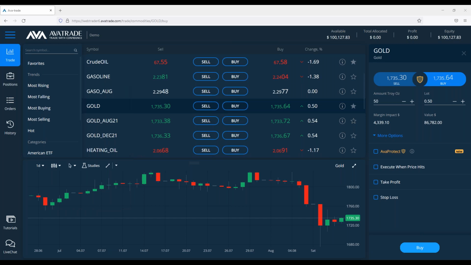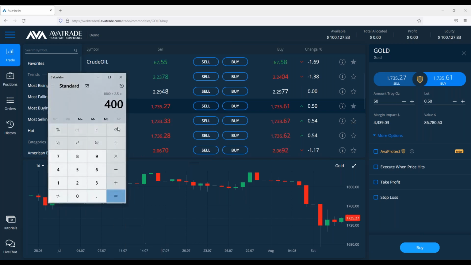Calculator. 86,000 divided by 4,100. Okay, that's 20 for leverage. Let's round it up. That's 20.